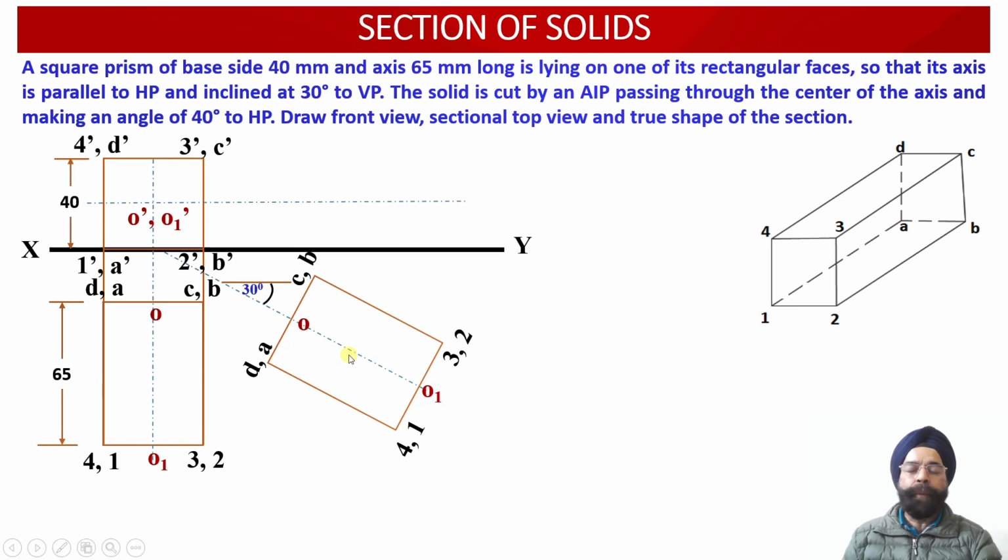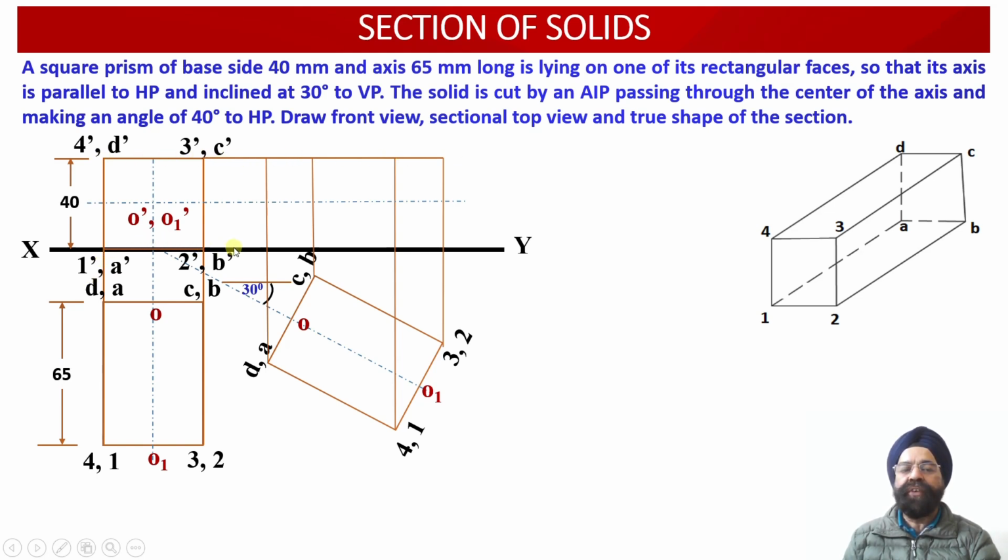Now, having obtained the plan projections of this inclined square prism, we are required to obtain the front view projections over here. From all of these 8 points, we have drawn vertical projector lines into the elevation projection view, and we have drawn horizontal projector lines through all the points of the previous elevation projection view.